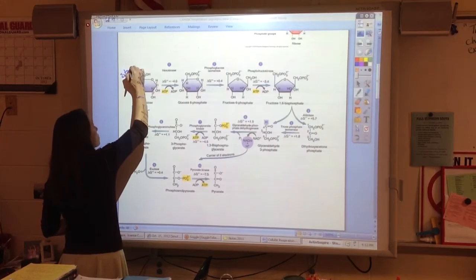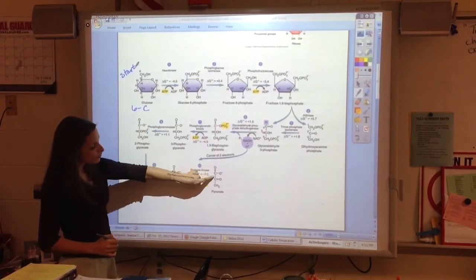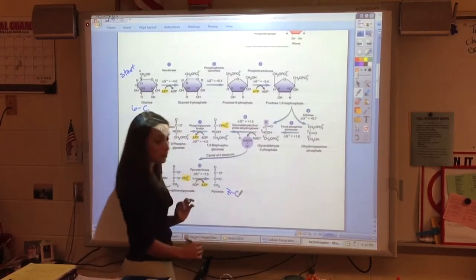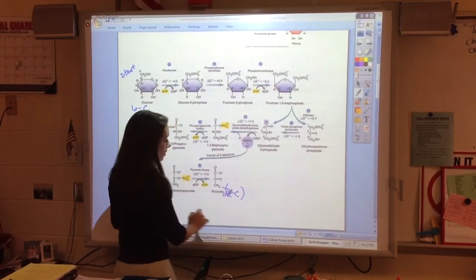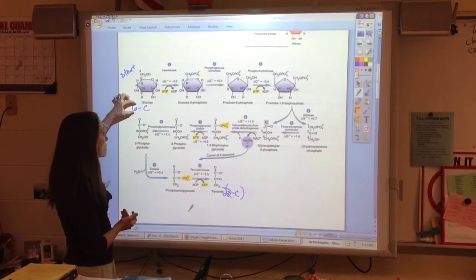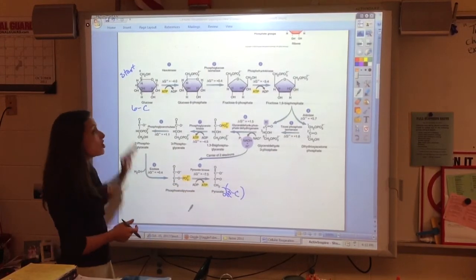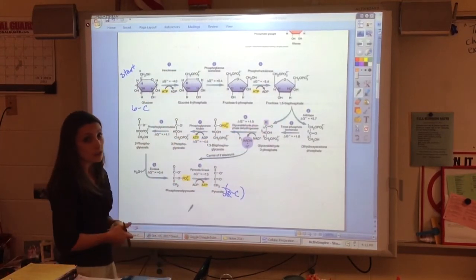So this is where we start. And we'll notice that we end with pyruvate. Pyruvate is a 3-carbon compound, but we're going to end with 2 pyruvates. So we start with a 6-carbon compound and we break down into 2 3-carbon compounds. You're not going to see carbon released anywhere, so no release of carbon dioxide.